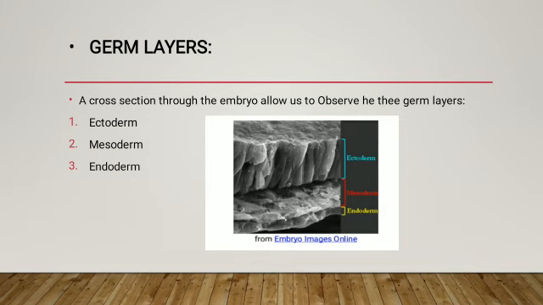A cross-section through the embryo allows us to observe three germ layers: ectoderm, endoderm, and mesoderm. The most characteristic event occurring during the third week is gastrulation, the process that establishes all three germ layers in the embryo.